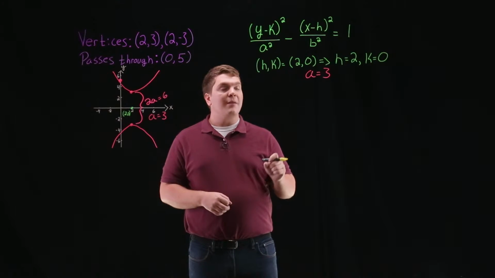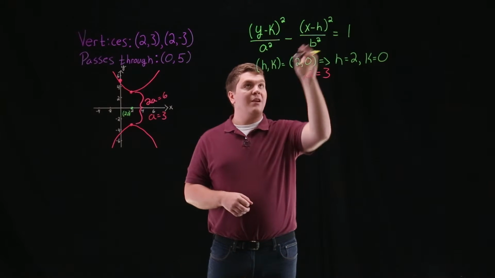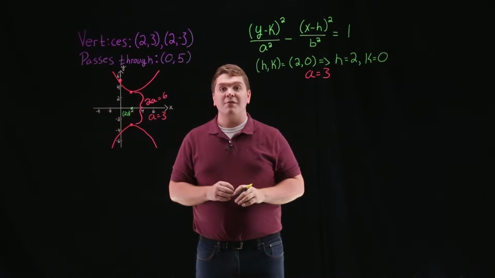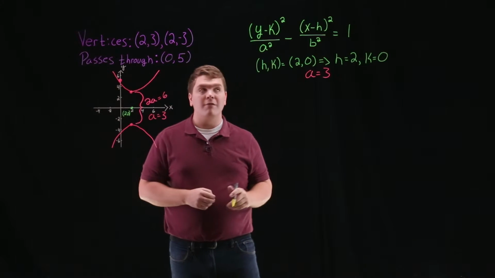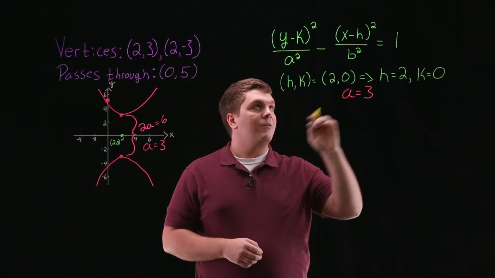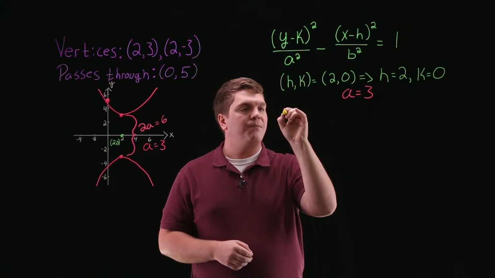So what I'm going to do is substitute these values into this equation, and then we're going to use the fact that our hyperbola passes through the point (0, 5) in order to solve for b. So we'll substitute h equals 2, k equals 0, and a equals 3 into this equation.